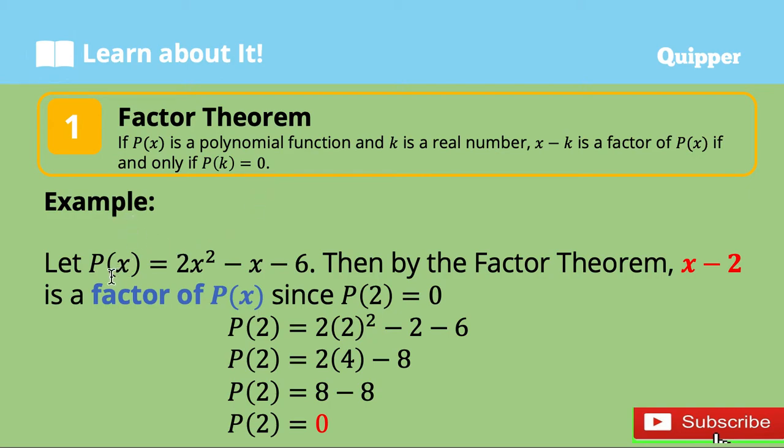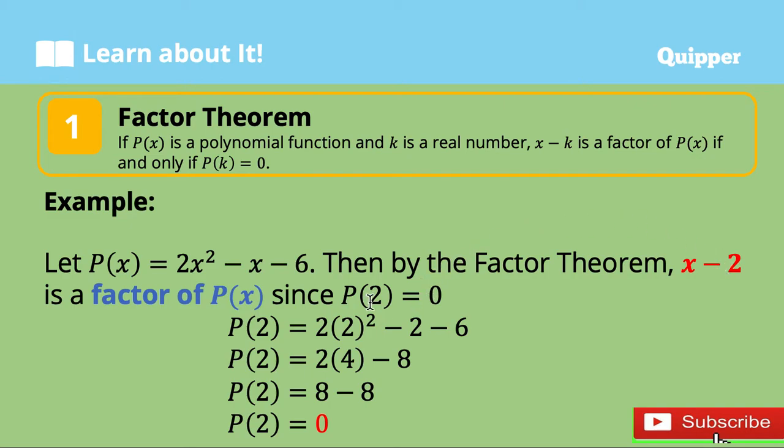For example, if p of x is equal to 2x squared minus x minus 6, then by the factor theorem, x minus 2 is a factor of p of x since p of 2 is equal to 0. This x minus 2 is the divisor. Now, we can say that the divisor is a factor if there is no remainder.